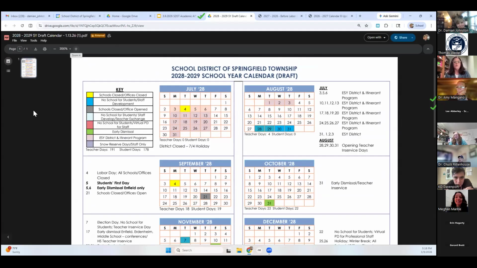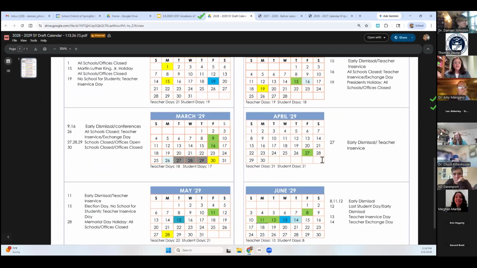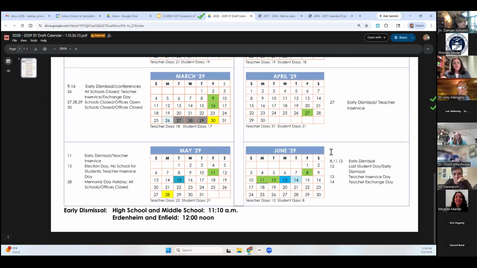And so many school districts in the region are starting to use what's called the 4-5 rule, which basically says that if Labor Day is the 4th or earlier, we will start after Labor Day. And if Labor Day is the 5th or later, we'll start before. And that essentially gets everybody to the same goal, which is to be completed on our calendar year by the second Friday in June. And so once again, for 28, 29, we have a completion date of June 12th.